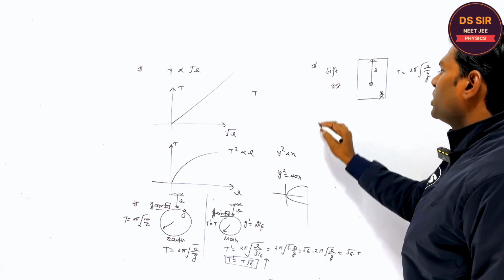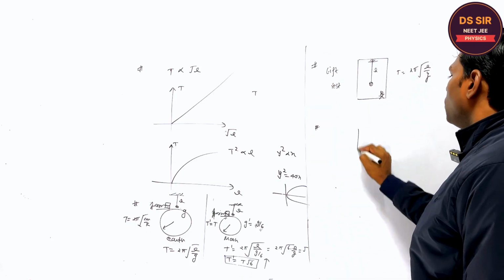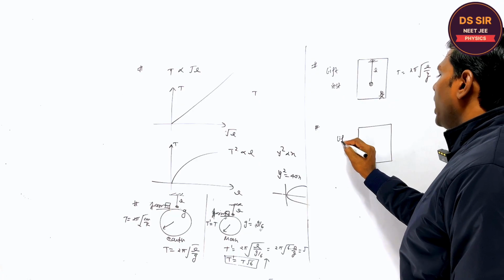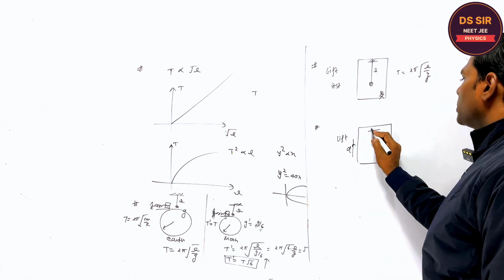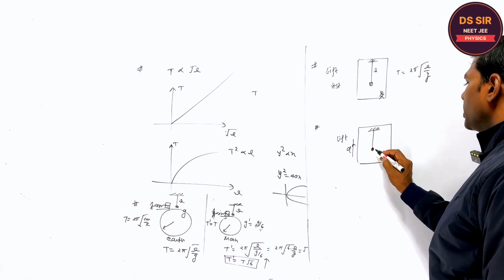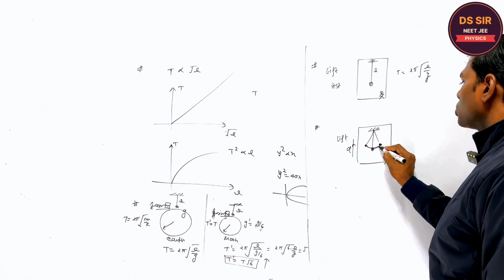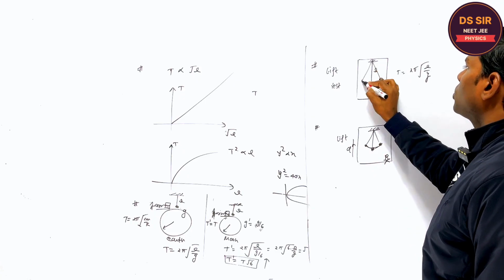Now, if the lift starts moving up with an acceleration a, in the upward direction, and you are sitting in the lift and give the pendulum a small displacement, it will start oscillating.